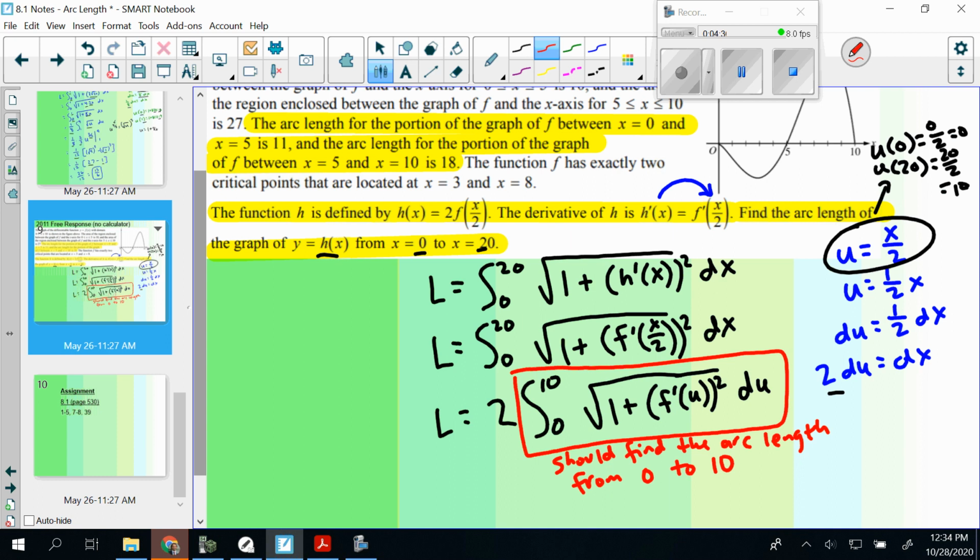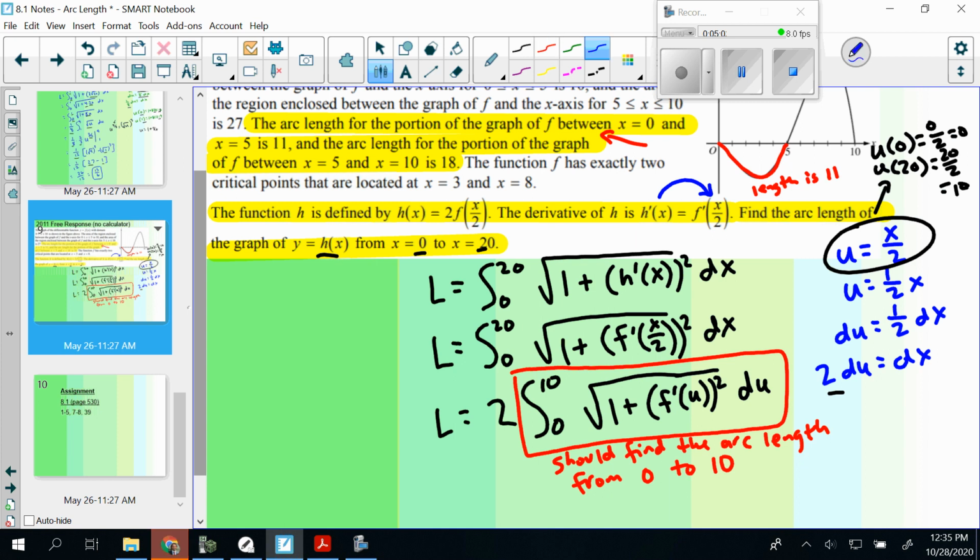Now, we don't have a way of actually finding f prime of u, but they told us enough information up here that I think we know what that ends up being. They said on this graph, the arc length from 0 to 5, so right in here, that arc length is 11.